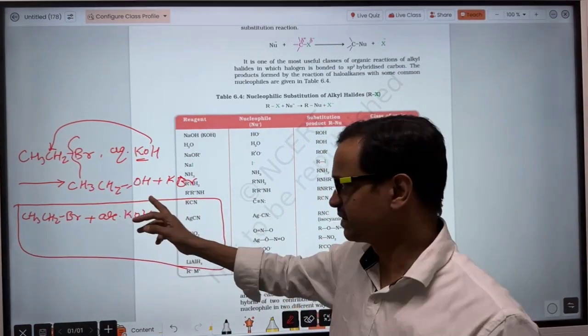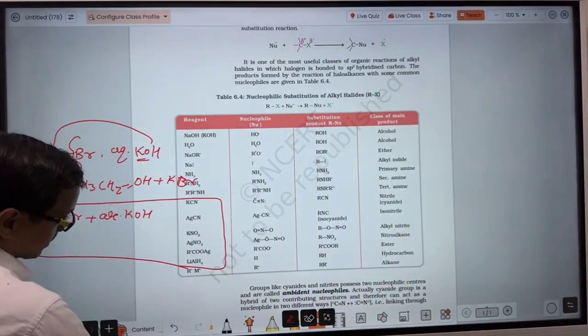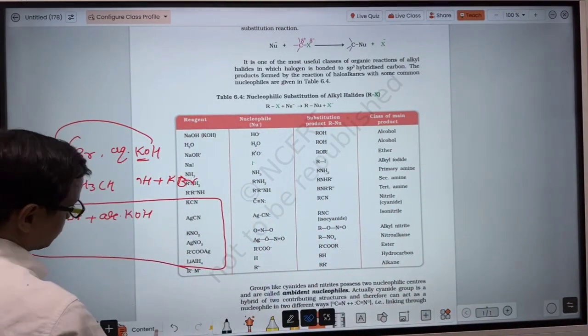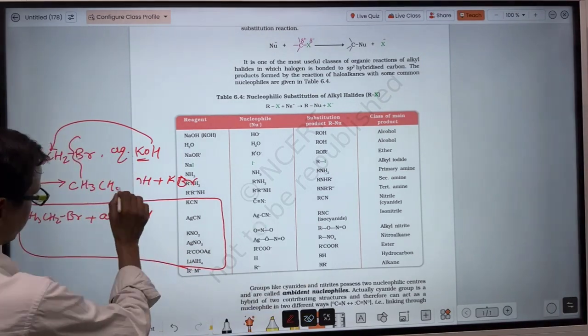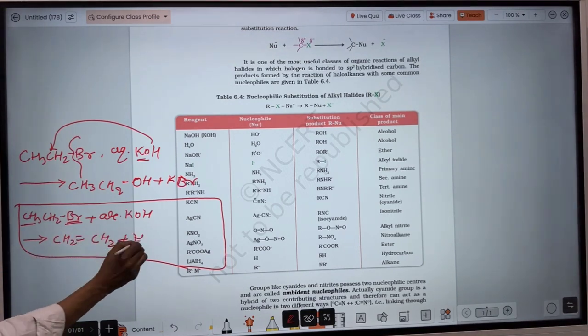Then this will be the product, that means alcohol will be the product. But when you take alcoholic KOH, then there will be an elimination reaction. The bromine of this one will combine with beta hydrogen and form HBr, and there will be CH2 double bond CH2 plus HBr.